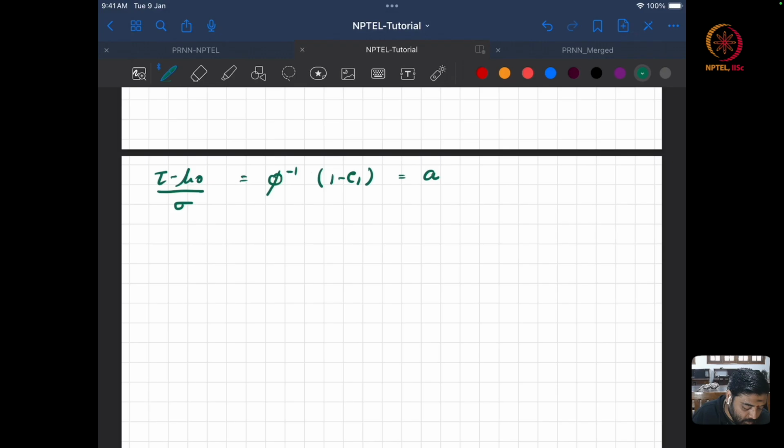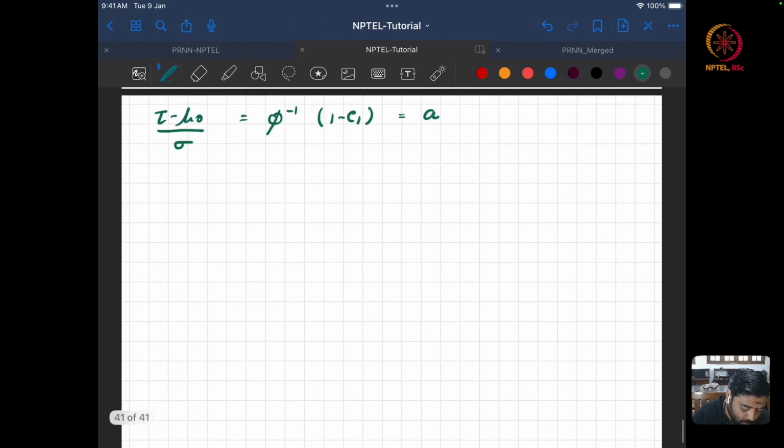Let's call it A. Okay, and then tau minus mu1 over sigma is the inverse of 1 minus E naught.